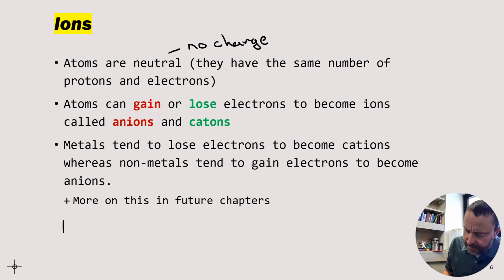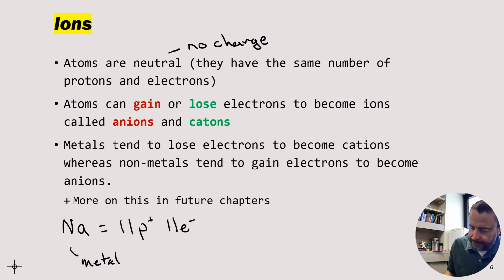So you could have something like sodium, which, when neutral, has 11 protons and 11 electrons. Sodium is a metal, and again, metals tend to lose electrons.